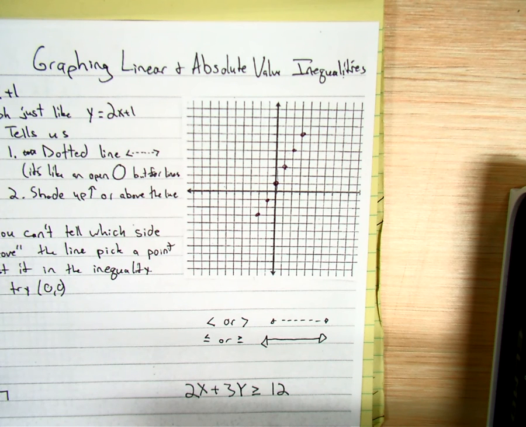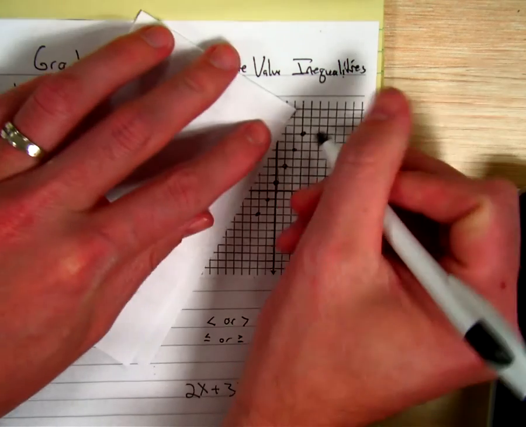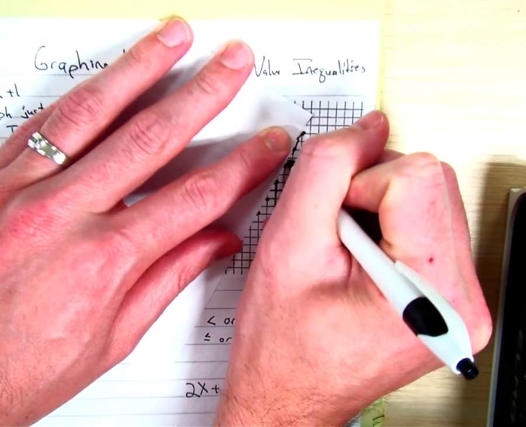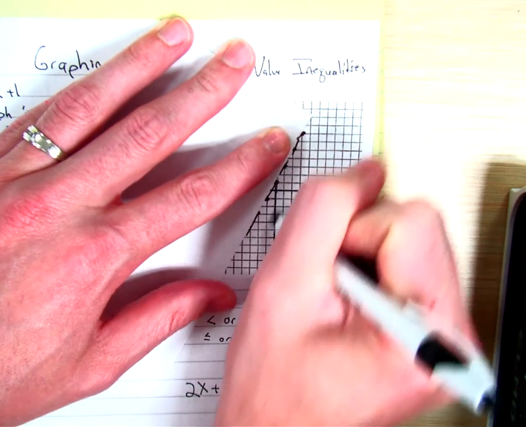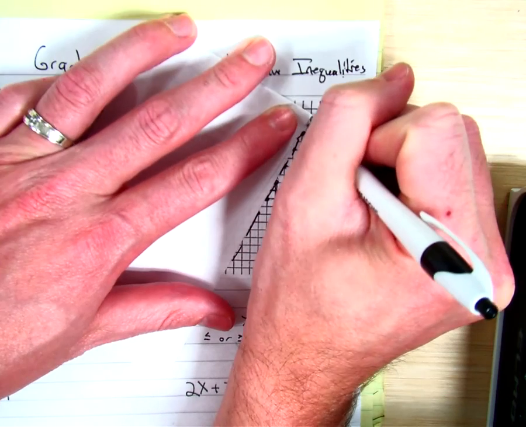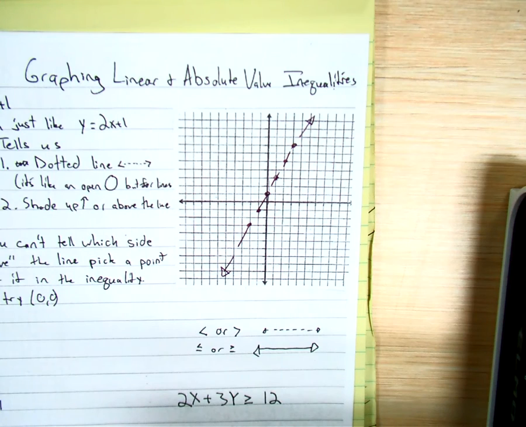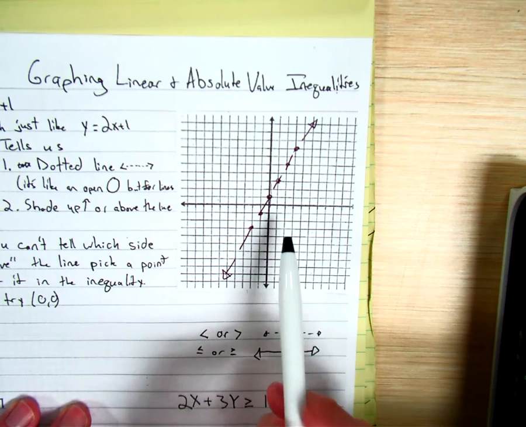Let me try to find a straight edge here, a dotted line or dashed line, to show that it's an inequality, less than. It's still a pretty poor line, sorry. And I said we're going to shade above it, okay?